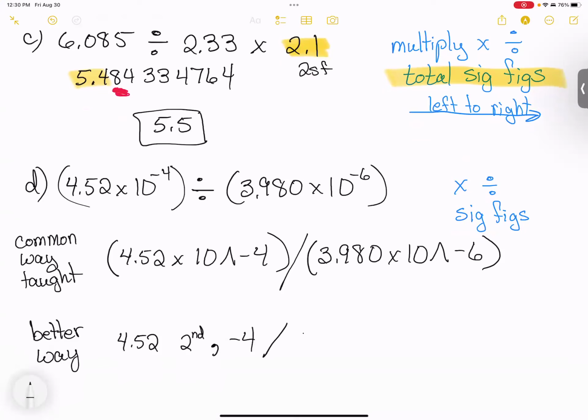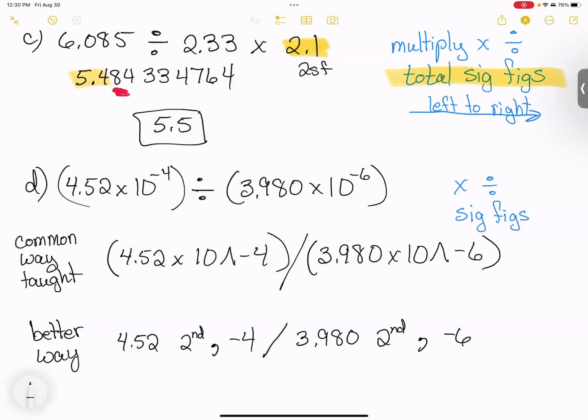Divided by 3.980, second, comma, -6. The comma button is right above the 7 on most of the calculators. You don't have to worry about parentheses.